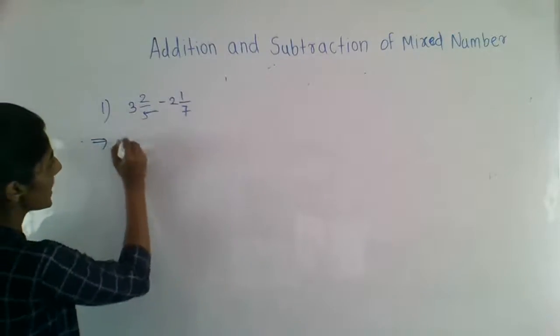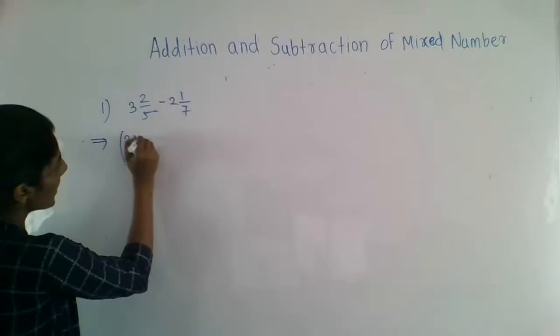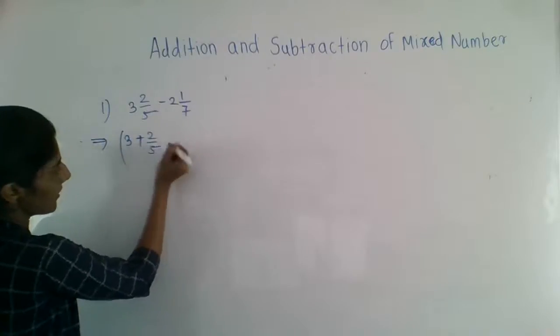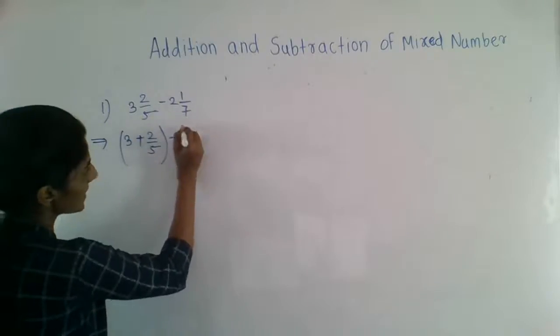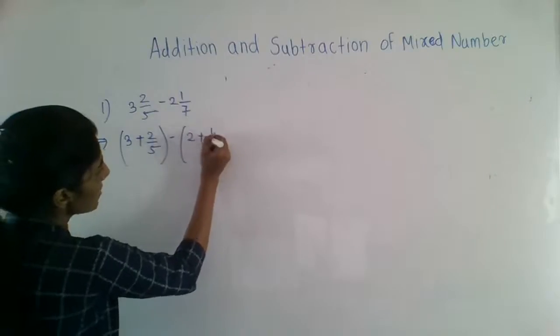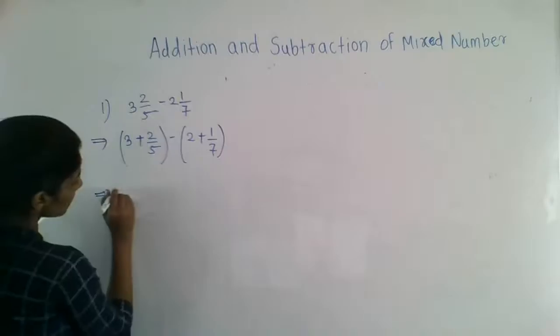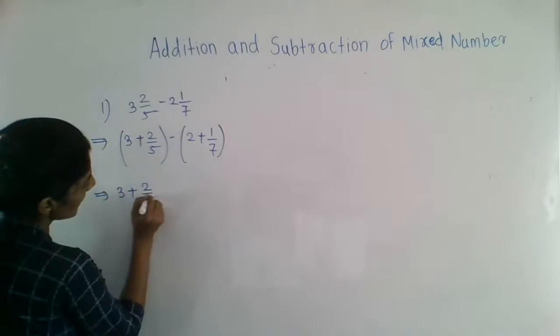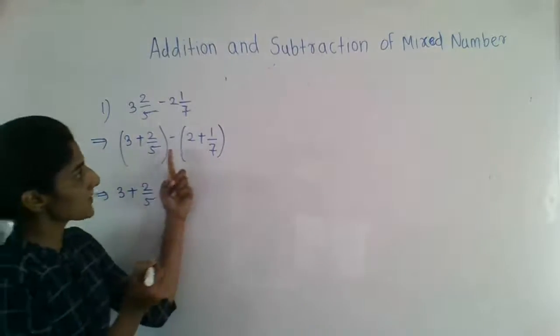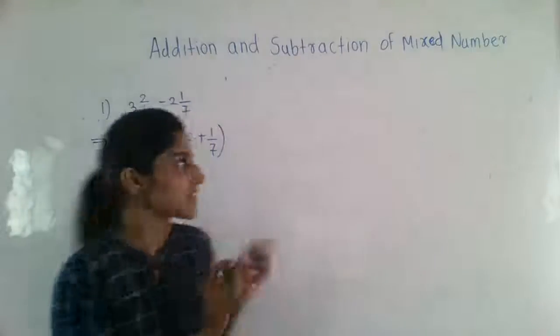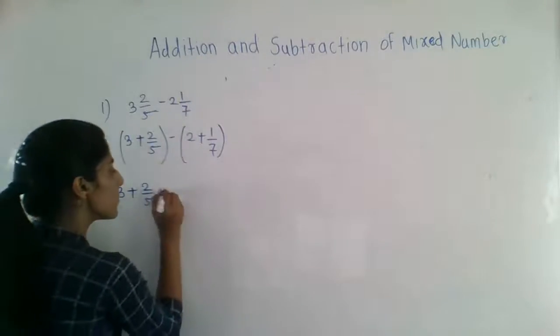We write it as 3 plus 2 by 5, minus sign, and 2 is written as 2 plus 1 by 7. Now we have to subtract this bracket, meaning minus. Therefore, minus 2.